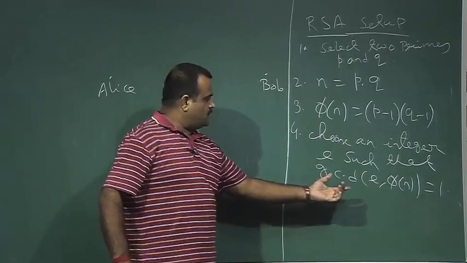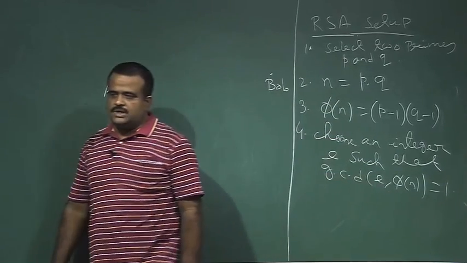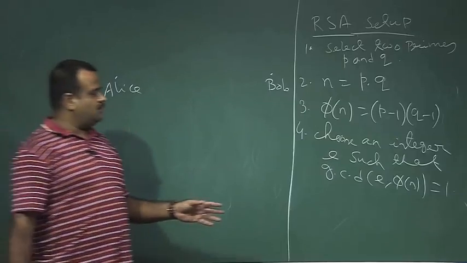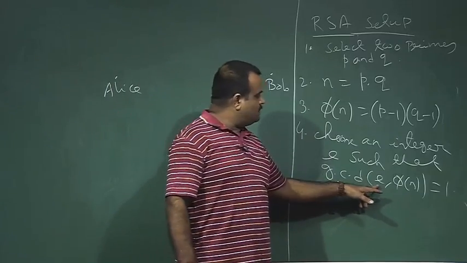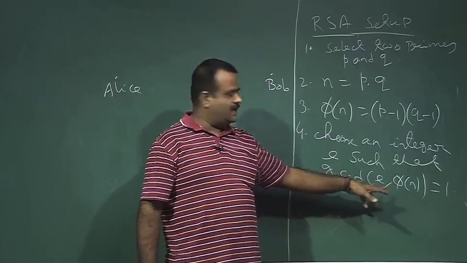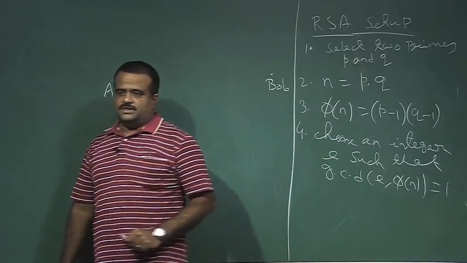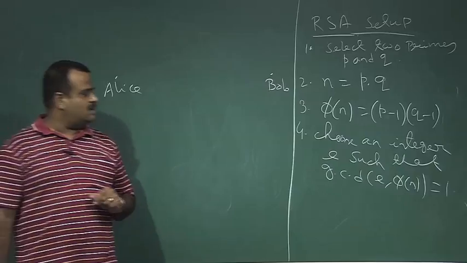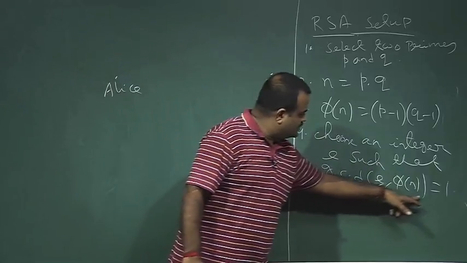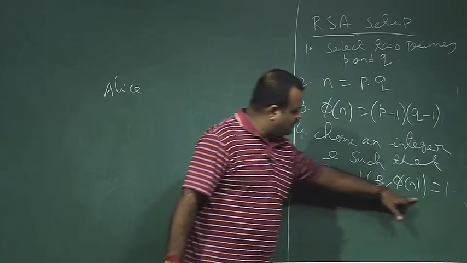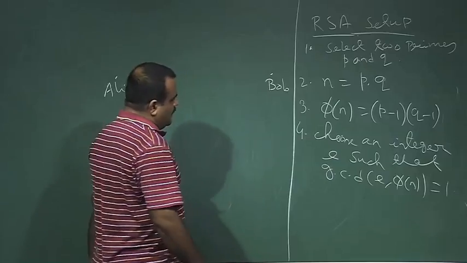That means they should be relatively prime. We need this because we want to get the inverse of E under mod phi N. If they are relatively prime, then the inverse will exist. So, in order to get the inverse of E, this condition is required: GCD of E comma phi N should be 1.